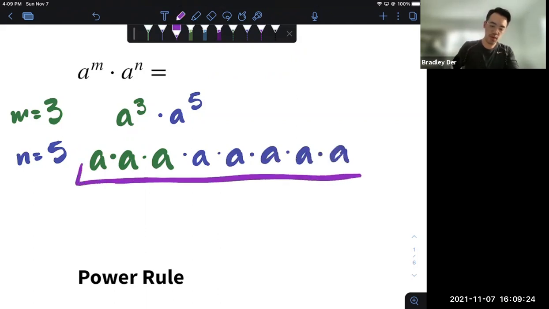In total, we have 8 a's being multiplied together, or a to the 8th. So that's how we get a to the m times a to the n equaling a to the m plus n: 3 plus 5, a to the 8th. That'll work for any numbers for m or n.